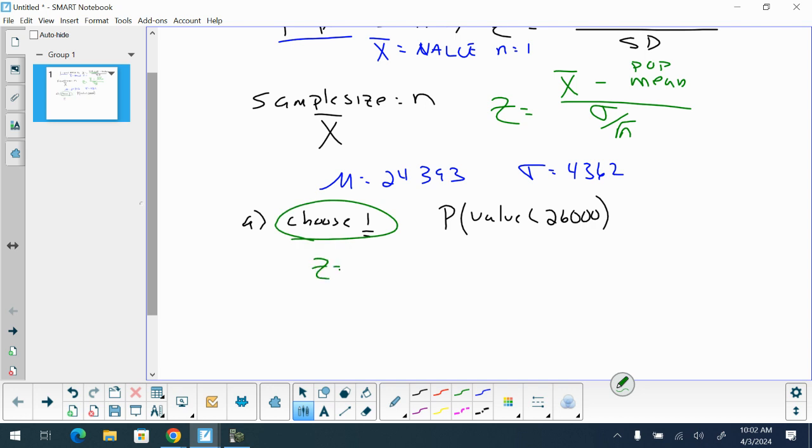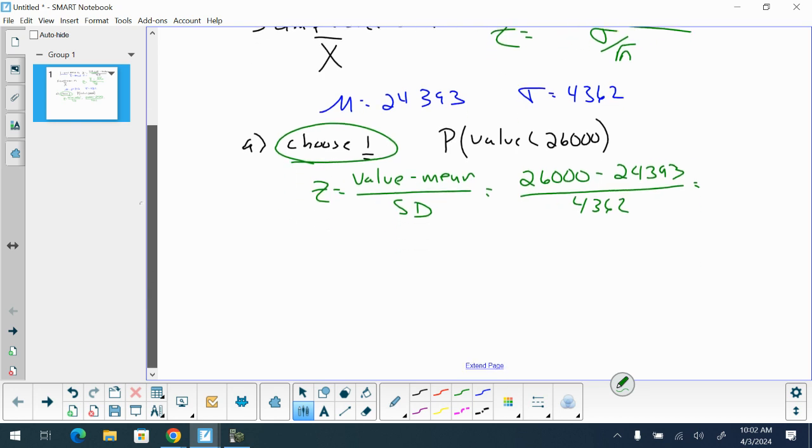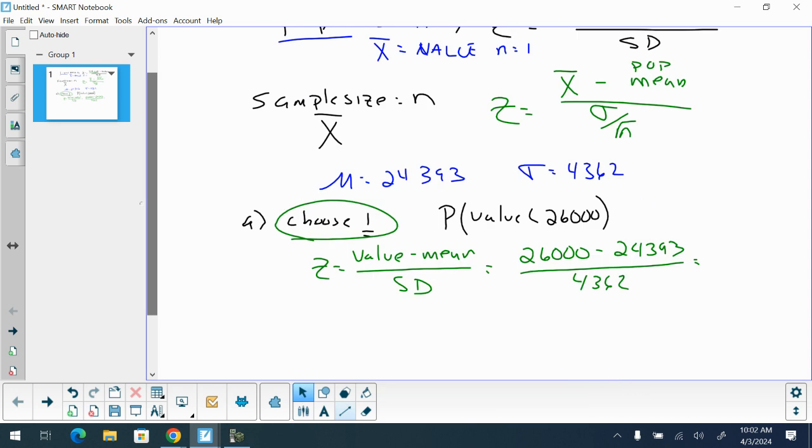So our z-value is value minus mean divided by our standard deviation. So go ahead and calculate your z-value. Go to 2 decimal places. Once you find your z-value, check that answer with somebody around you.